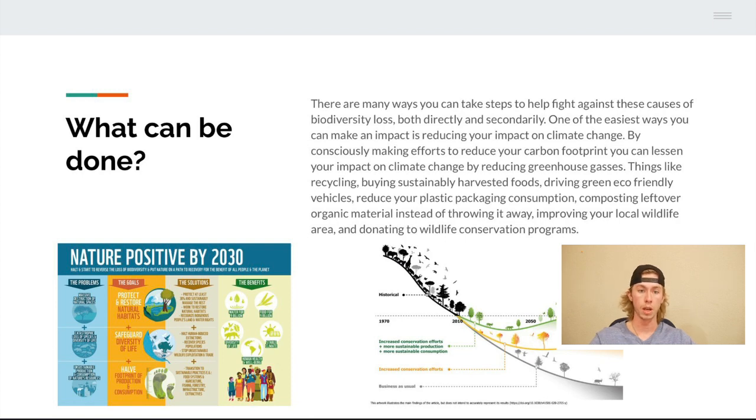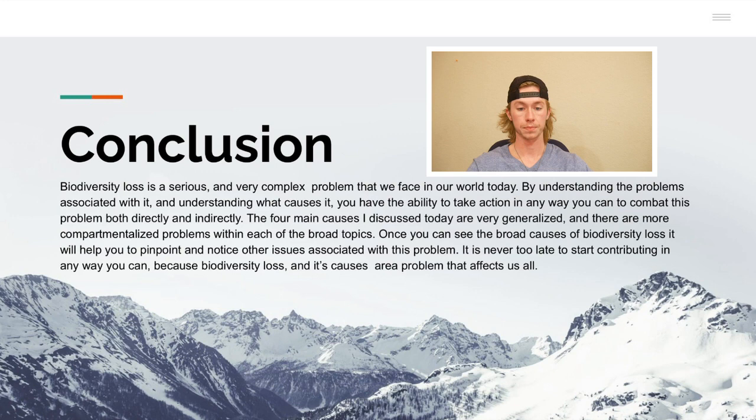You can also donate to wildlife conservation programs and improve your local wildlife area. So in conclusion, biodiversity loss is a serious and very complex problem that we face in our world today. By understanding the problems associated with it and understanding what caused it, you have the ability to take action in any way to combat this problem both directly and indirectly.